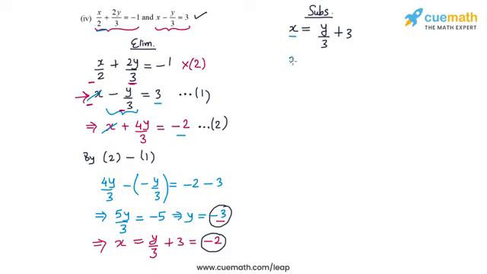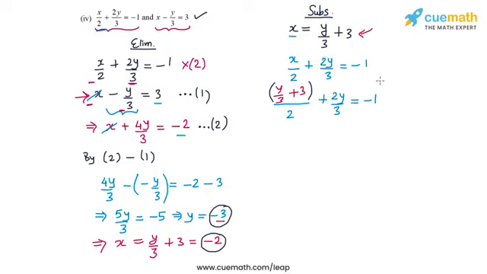So the first equation is x by 2 plus 2y by 3 equal to minus 1. So instead of x, let me write y by 3 plus 3, this expression in y. So (y by 3 plus 3) by 2, and then we have plus 2y by 3 is equal to minus 1.